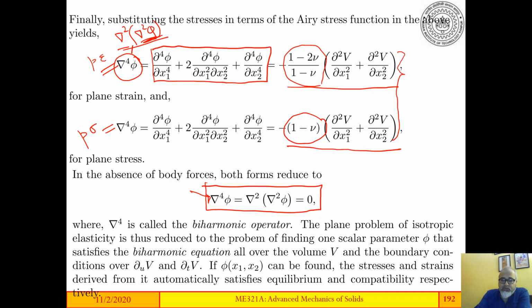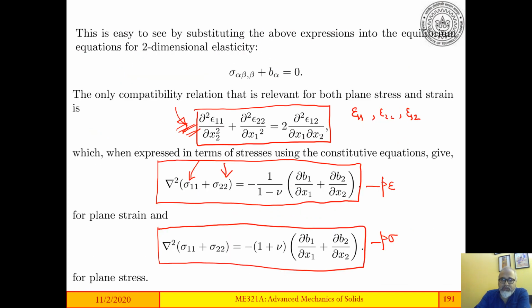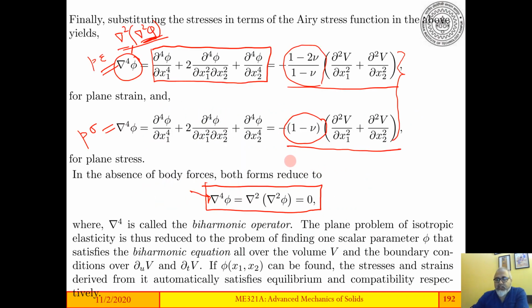Where have we used the constitutive equation? We have used the constitutive equation in coming from this step to this step. There we converted the strains to the stresses. That's where we use the constitutive equations, and therefore the constitutive equations are also incorporated in the biharmonic equation.